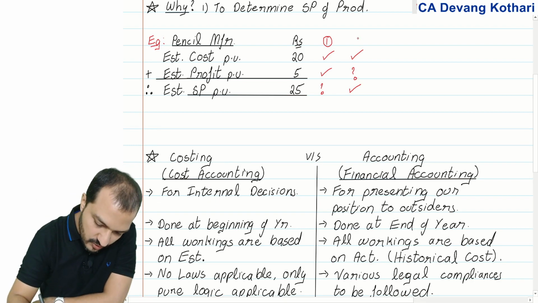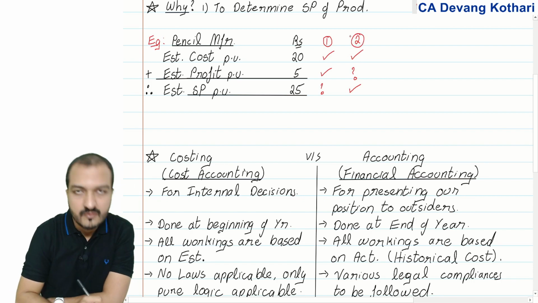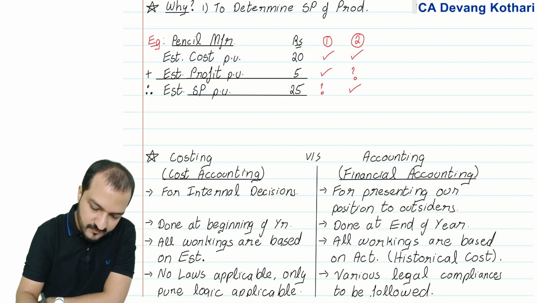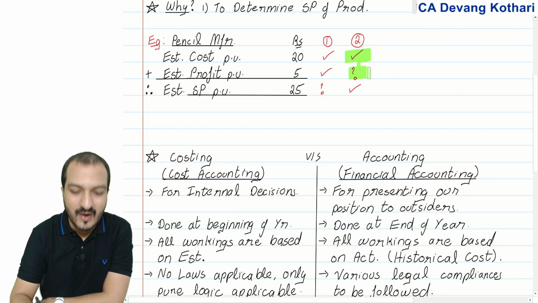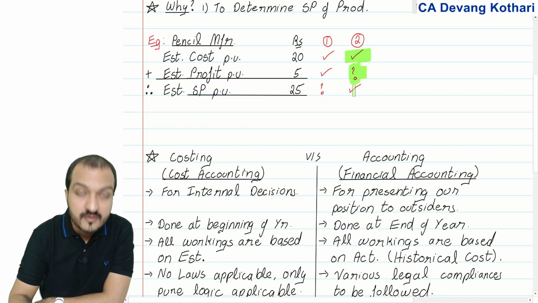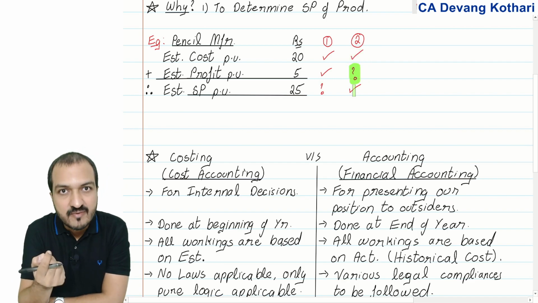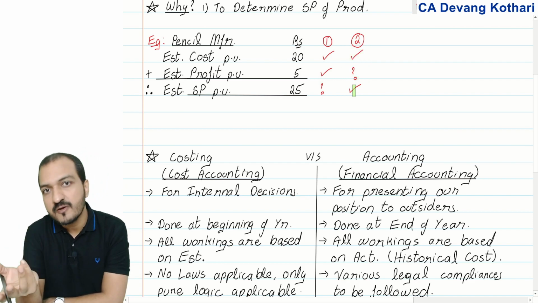Second purpose of my costing subject. So some companies follow costing subject to decide selling price. Some other companies do this costing subject to determine profit. Why do you want to determine profit? Well, you want to determine profit ultimately for decision making purpose.